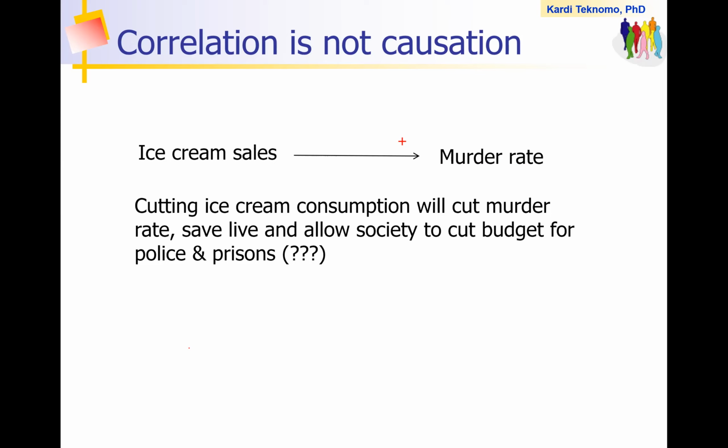If you treated that correlation as causation, then the policy is simple: you just cut the ice cream consumption, it will cut the murder rate, right? And save lives and allow the society to cut the budget for police and prison, right? But that is not true. Why? Because this is correlation, not causation.